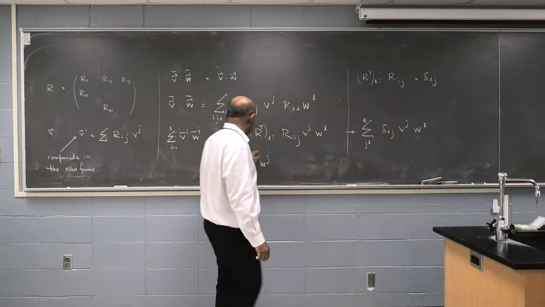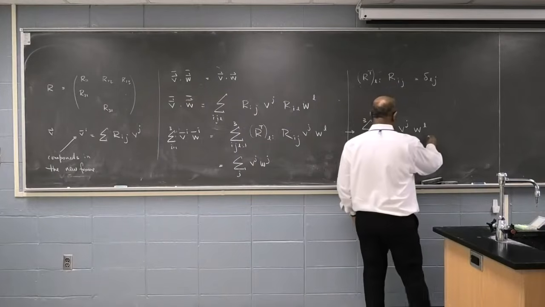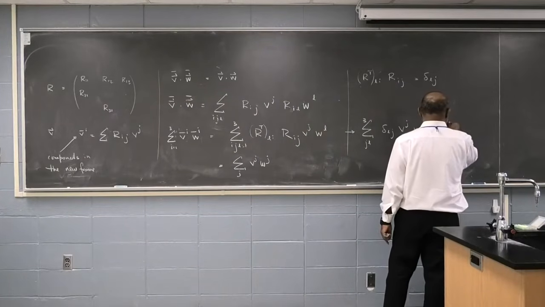We've done the sum over I. That's what matrix multiplication is. Isn't that equal to nothing more than just J?